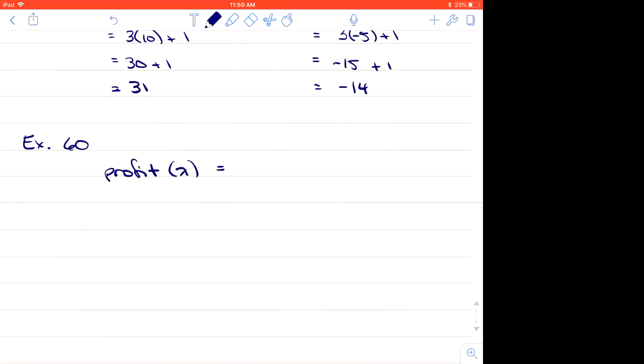Has this function. So 45x minus 725. And later in the course, we'll look at how we develop these profit functions, but for now, I'm just going to give them to you.